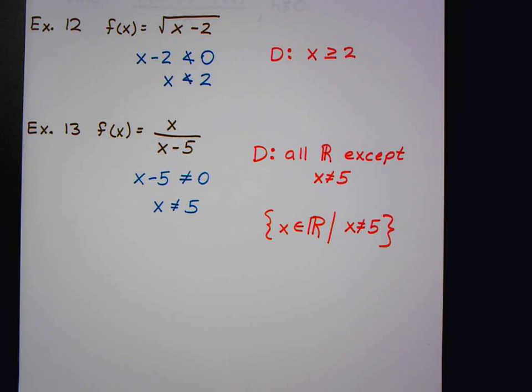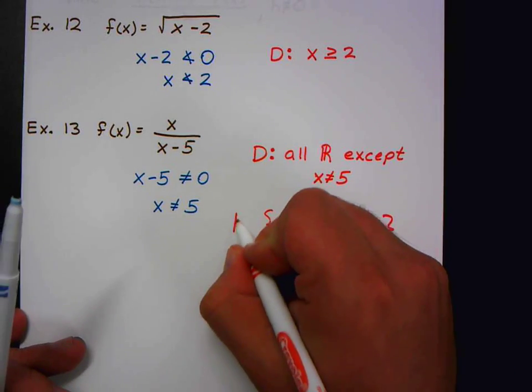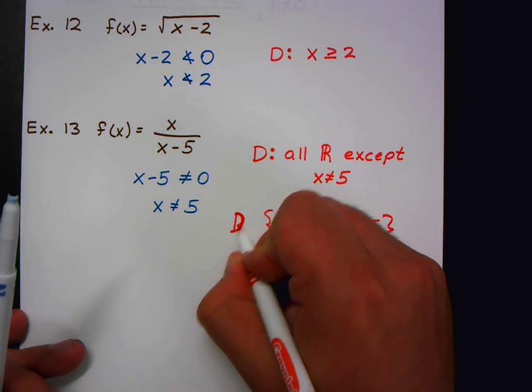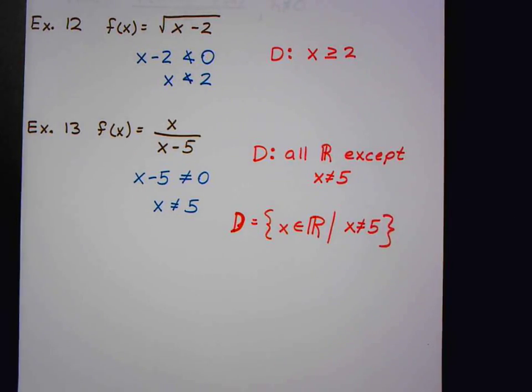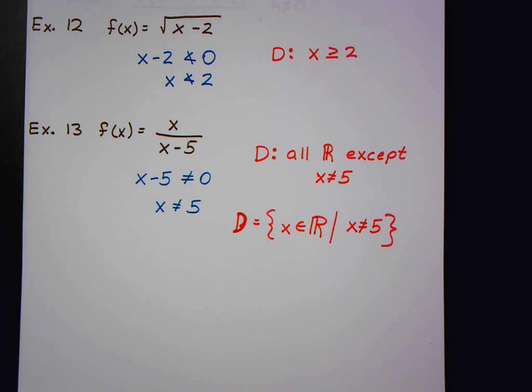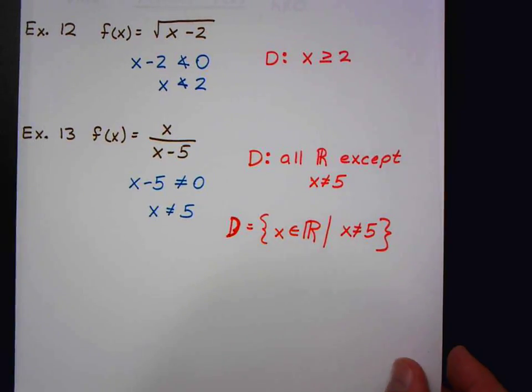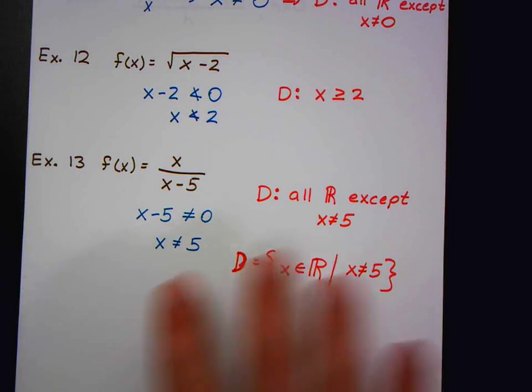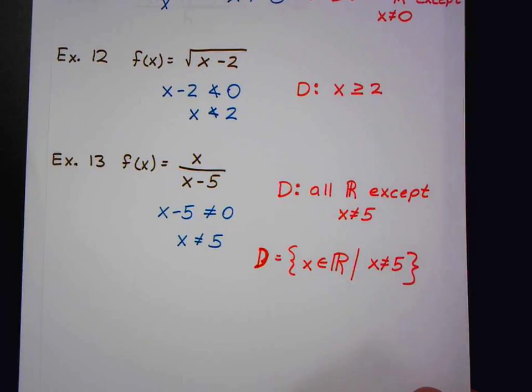That's another way of writing it. I'm not requiring you to write it that way because I don't want to teach you new ways of writing things. I should write domain equals. But maybe you had a teacher in the past that required you to write things that way. I don't care, as long as you write something so that I understand you know what your domain is.